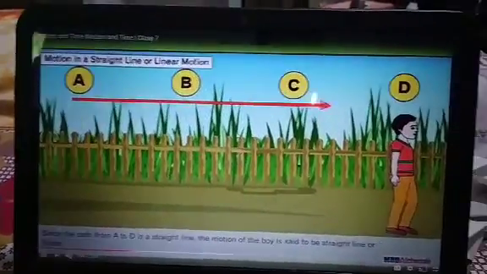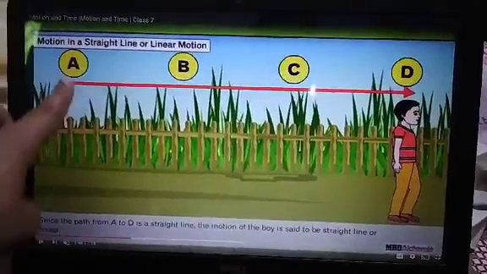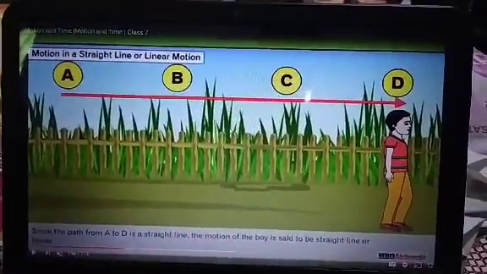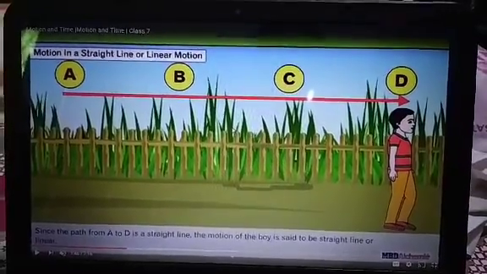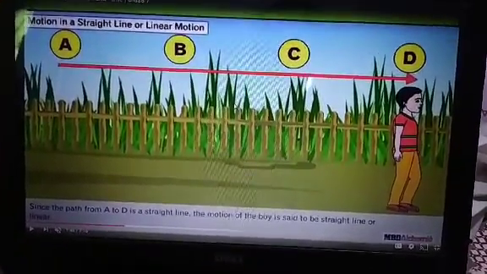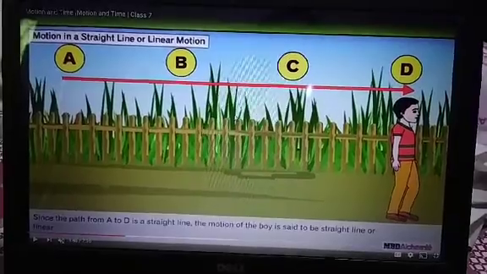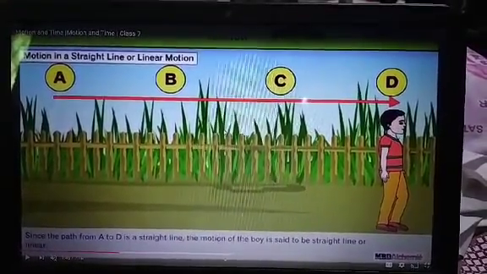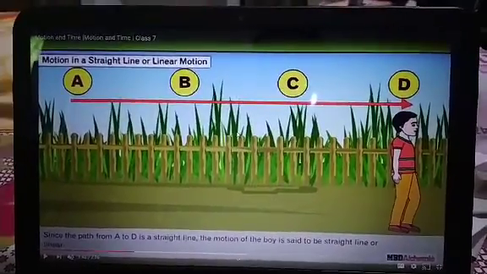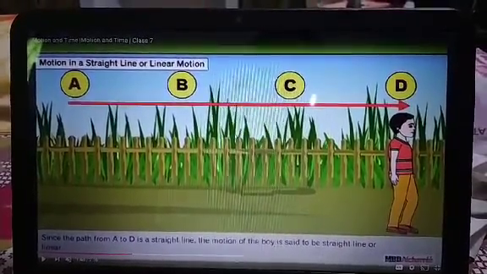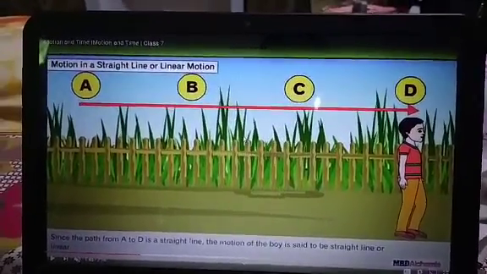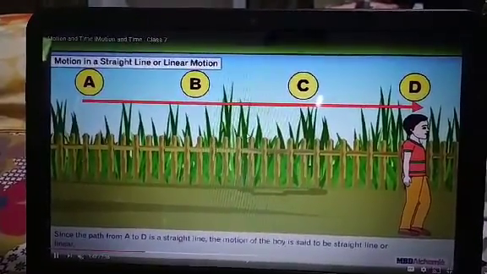If I join these points, I get a straight line. See, this shows that it is a linear motion, or you can say a straight motion. Clear or not? Right? Understood? Okay.